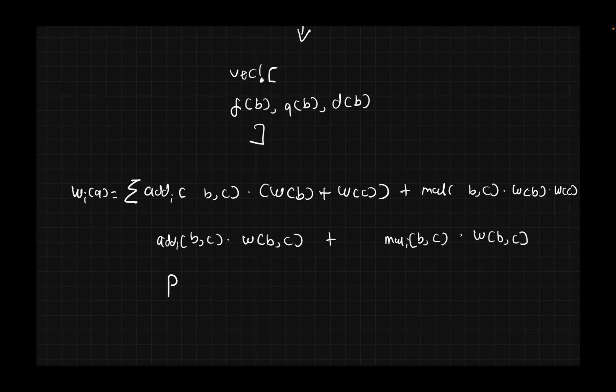So you have a product that has the add and then the W add BC, right? Then plus another product, then you have the mul, then W mul BC.